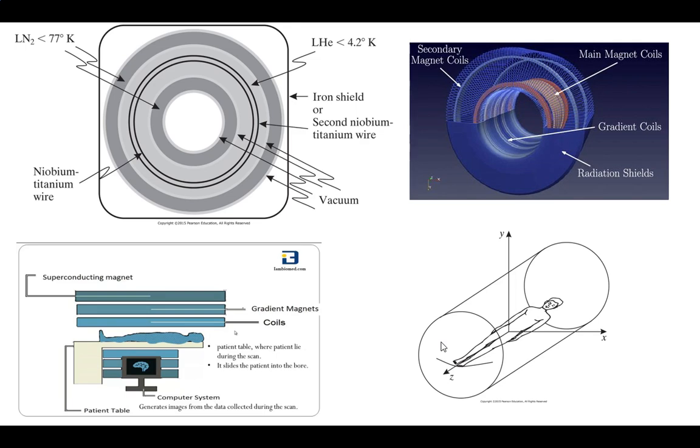I'll have to ask him again which one it does. But in essence, a typical one uses liquid nitrogen on the outer two areas, almost like an insulation layer. The inner one, right around where you have the first and the second niobium titanium wire, which creates the field, is usually in liquid helium.